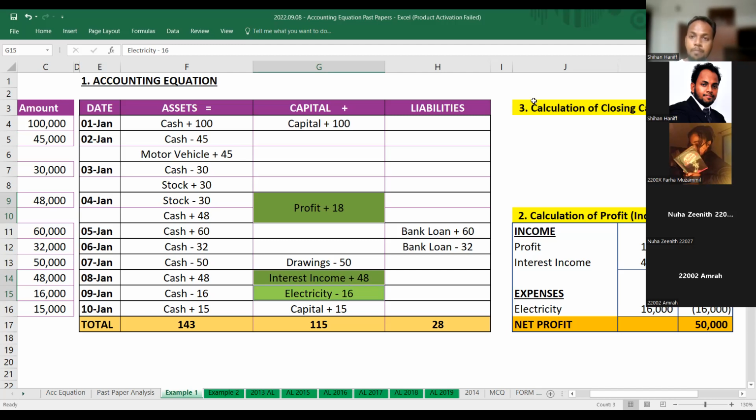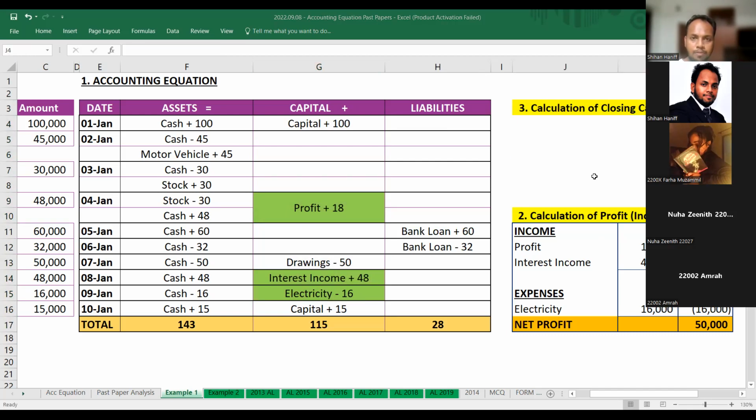Now the third step, using this capital and the profits, let's calculate the closing capital.